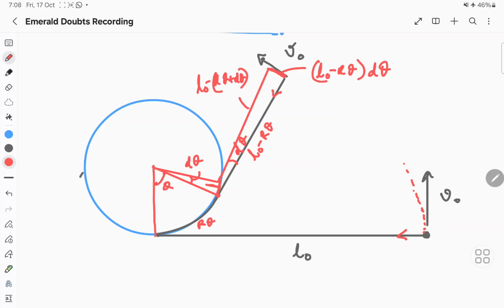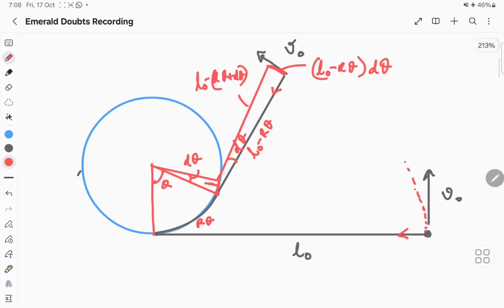May not be a very straight line, but if we go into the details of it, the difference in the length of this and this would most probably come in d of something, d of some kind of length. So that is in order much lower than the r d theta or L d theta order.